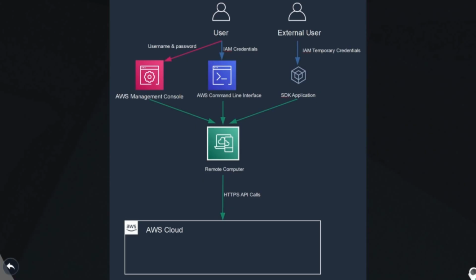For example, it could use the AWS Cognito service. It could use log in with Google, or log in with Facebook to authenticate you. And from that authentication, you will have limited and temporary access through that remote computer to the AWS cloud.